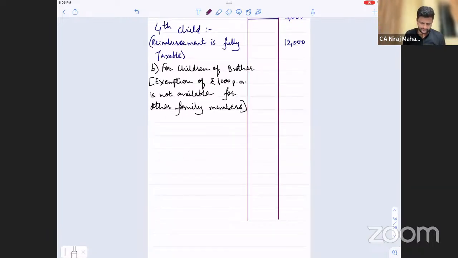So rupees 500 into 12 months into 2 children is 12,000. Correct. Outer column I'm taking as 12,000. Nice, fine. All of you?